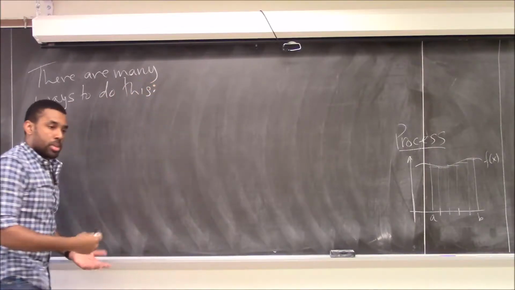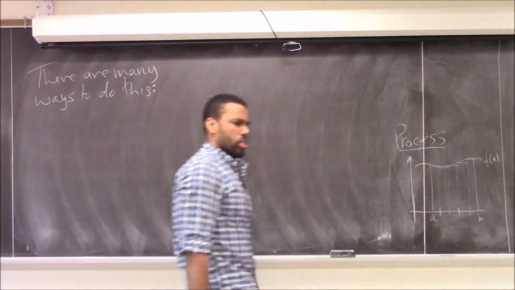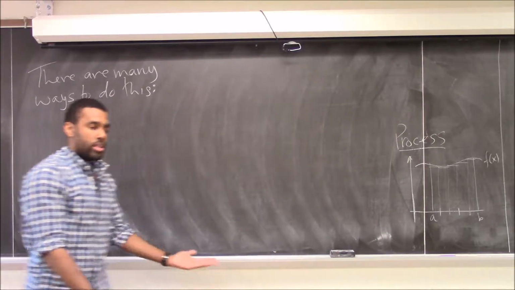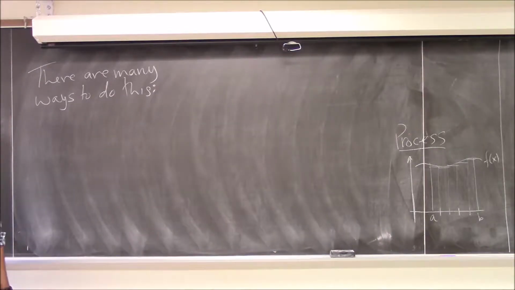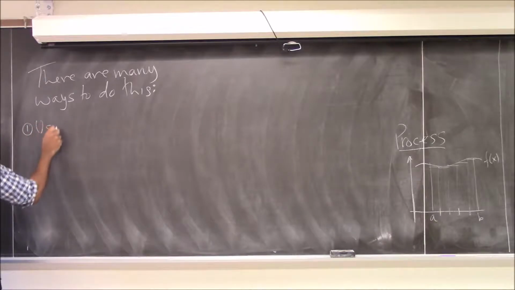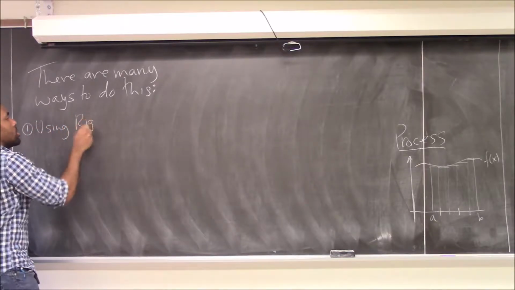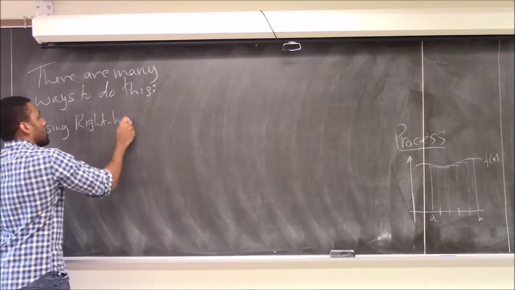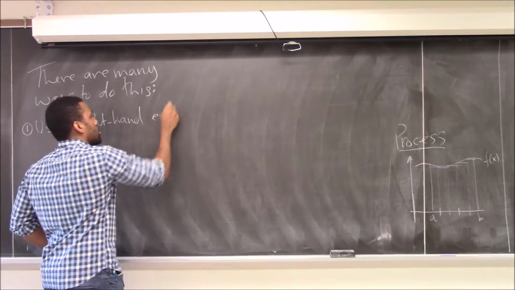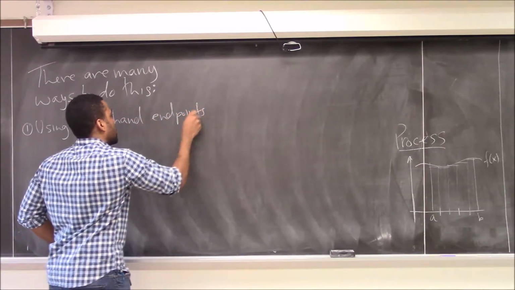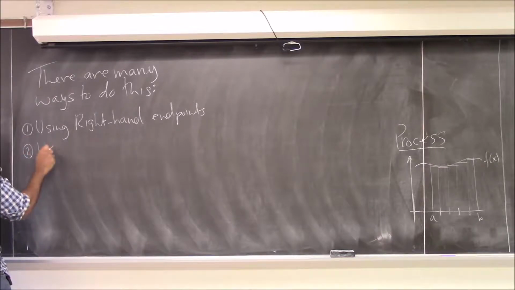There are several ways. I'm going to teach you 3 methods on how to do this. Very similar methods, but how they're applied is different. So we're going to talk about 1, using right-hand endpoints. 2, using left-hand endpoints.